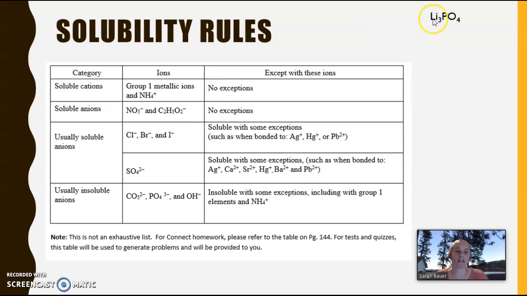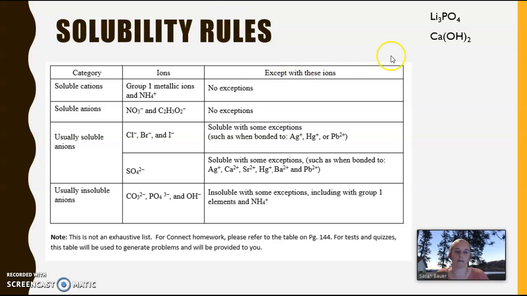So what that means is they're soluble regardless of the anion in the salt, in the ionic crystal lattice structure. So I'm done with lithium phosphate. Lithium phosphate is soluble in water. So that means it will dissolve. If I gave you a sample of lithium phosphate, you'd be able to mix it up and dissolve it well in water.